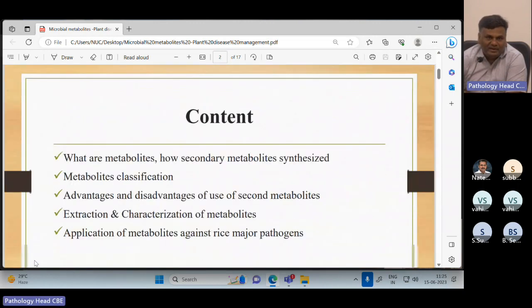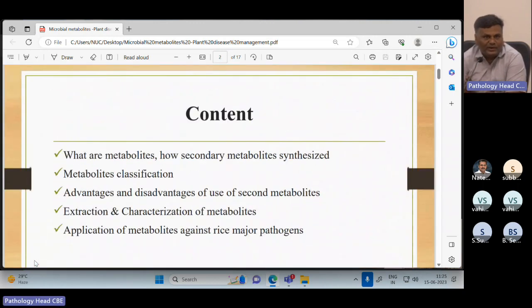So naturally, microbial metabolites are going to be the future in agriculture, in medicine, in any of the areas. Metabolites are going to be the future because they provide an undiminishing source of chemicals. In any field, you take a microbial metabolite, it can function as anything.